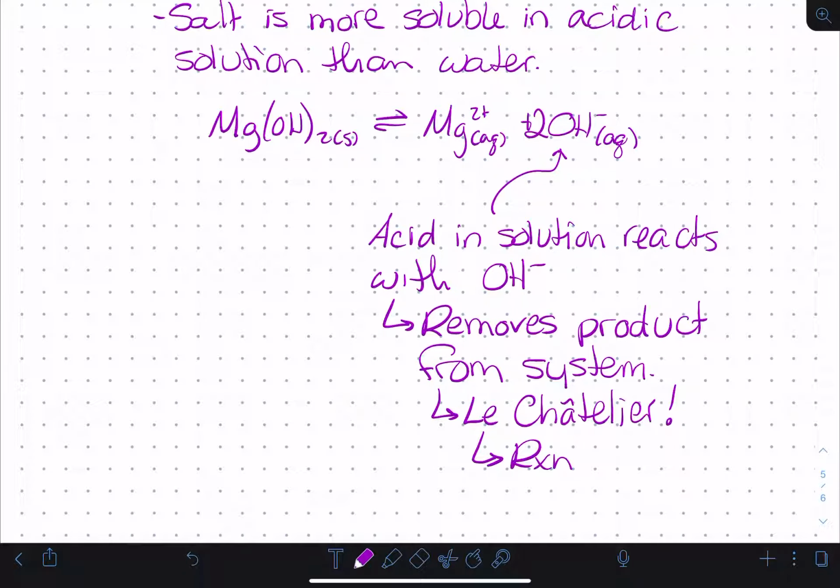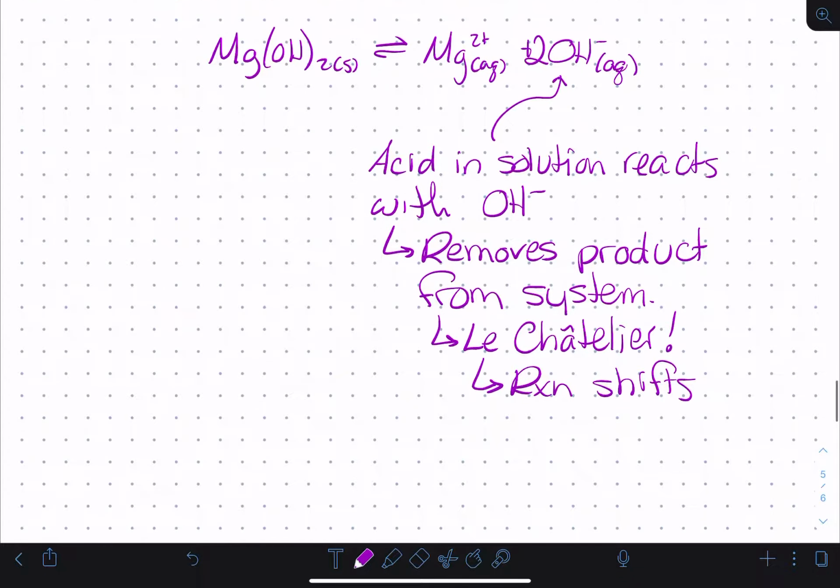Right, or forward in this case, represents conversion of solid into aqueous ions, which means that more stuff is dissolving, or we have a higher solubility. So the same principles of Le Chatelier apply here, that we're now decreasing this concentration by giving it something to react with, namely the acid.